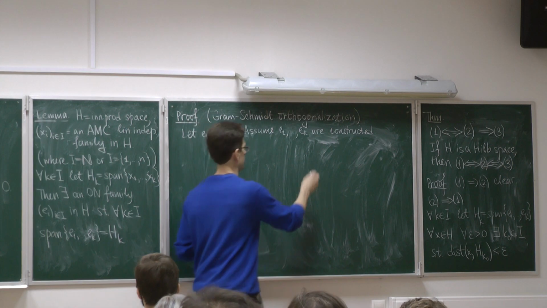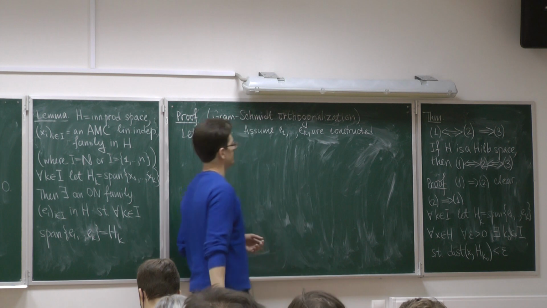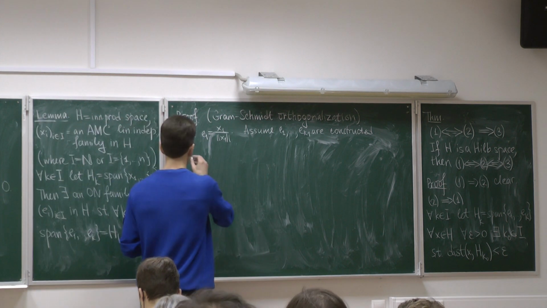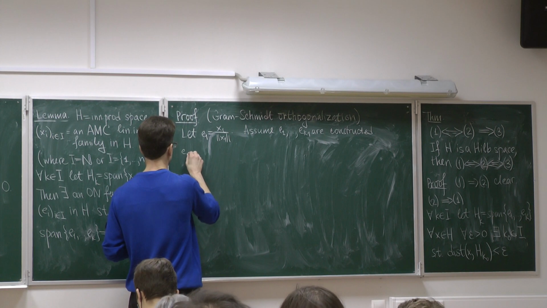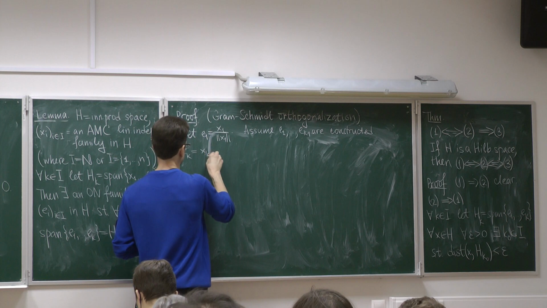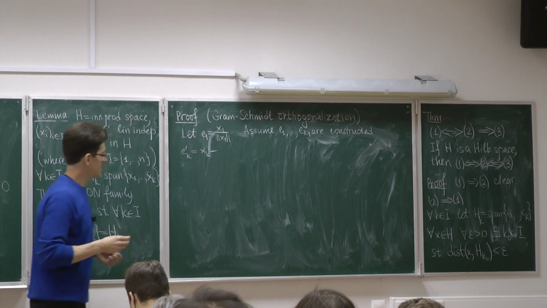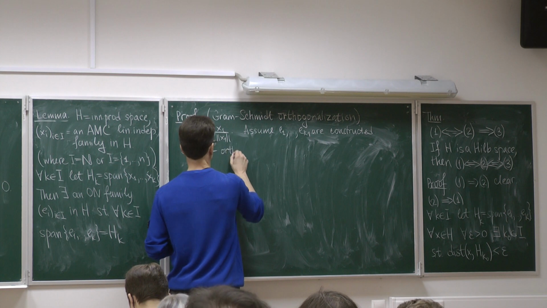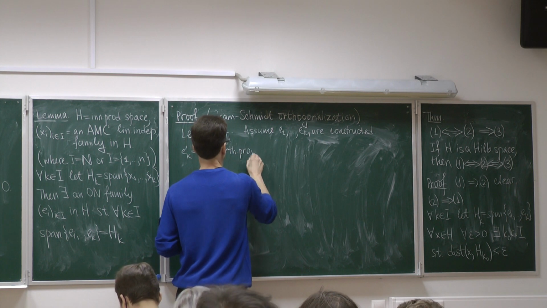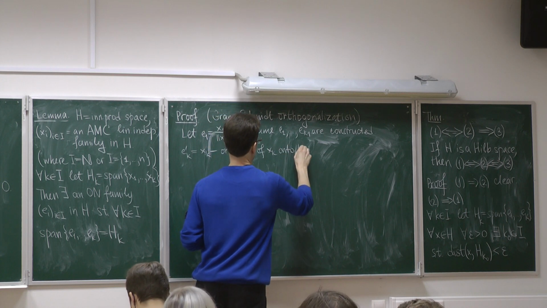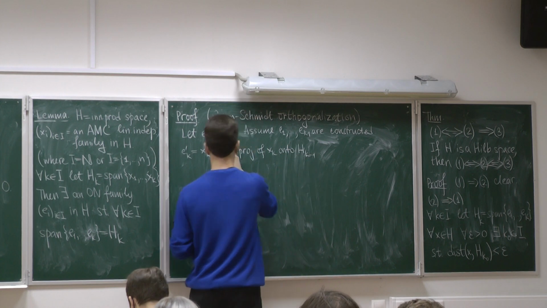Now let's construct Ek. First of all, we introduce an auxiliary vector Ek prime. This will be xk minus the orthogonal projection of xk onto Hk minus 1.